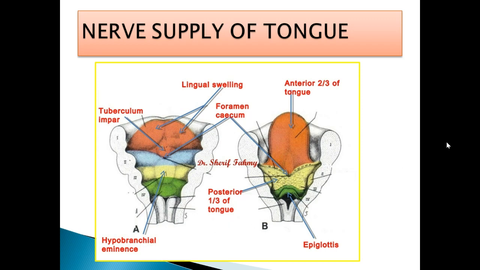For the posterior one-third of the tongue, both general and special sense are supplied by the glossopharyngeal nerve. The posterior-most part of the tongue is supplied by the internal laryngeal branch of the vagus. So the first arch nerve, the lingual nerve, supplies the anterior two-thirds of the tongue, which mainly develops from the first arch.